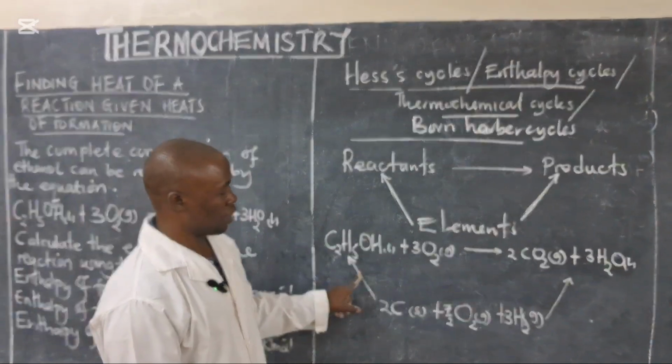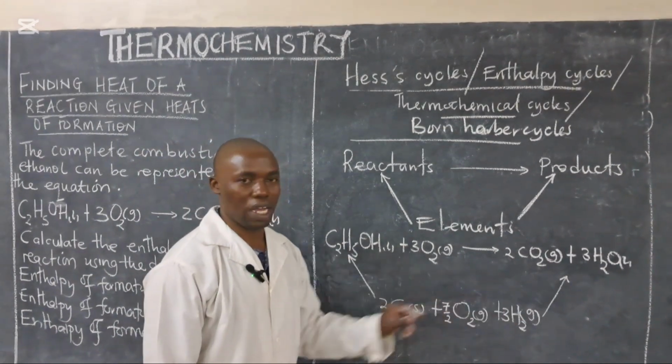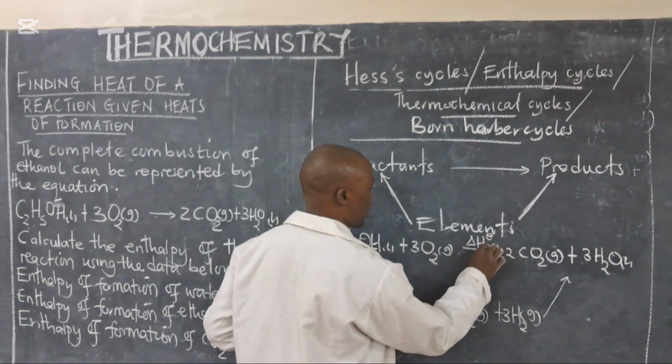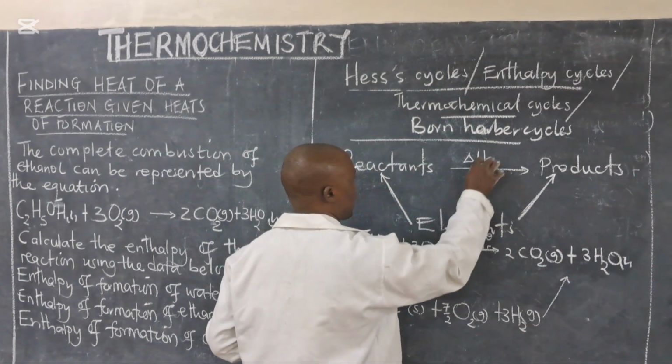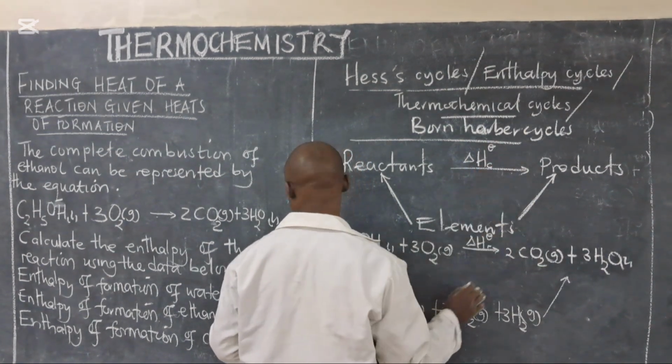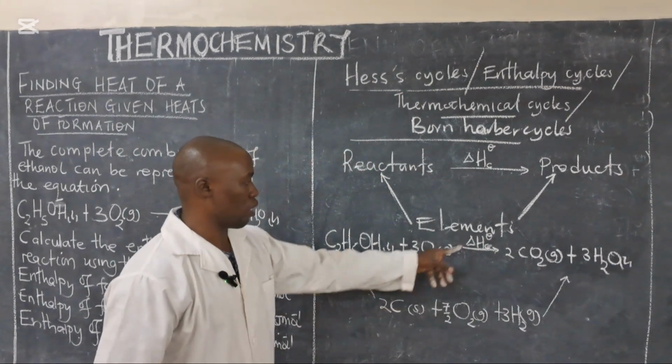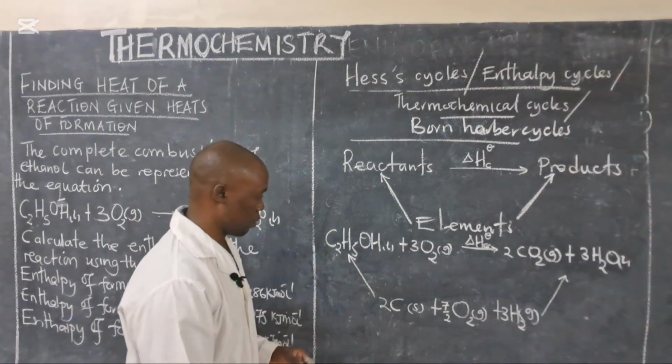We are not necessarily summing this, but we are going to see how we handle it here. So this is the standard heat of this reaction. Since it's a combustion, we are burning, so call it the enthalpy of combustion of ethanol here.